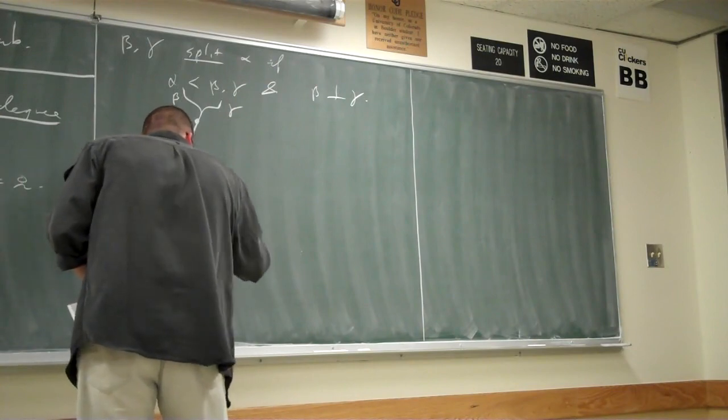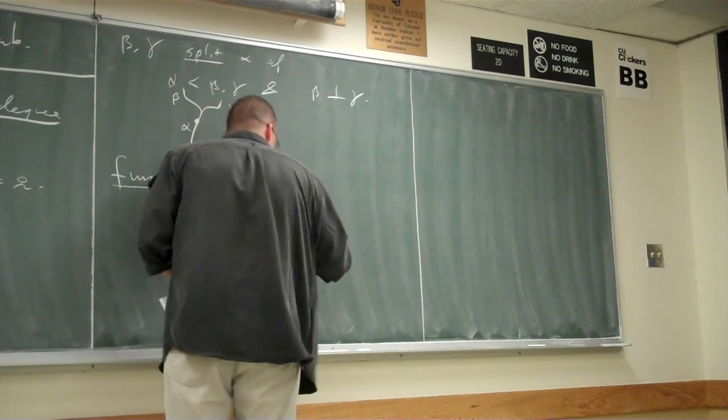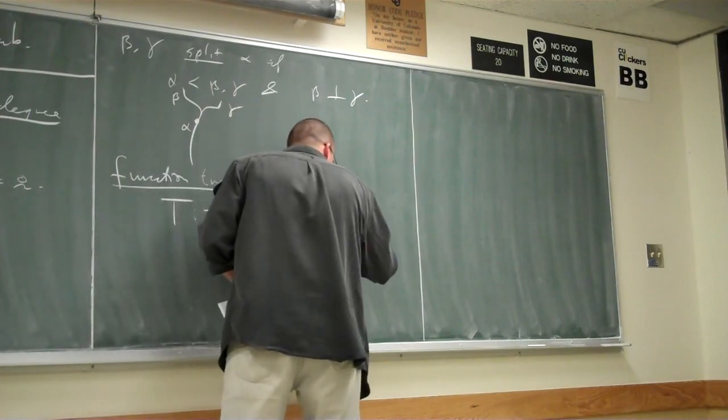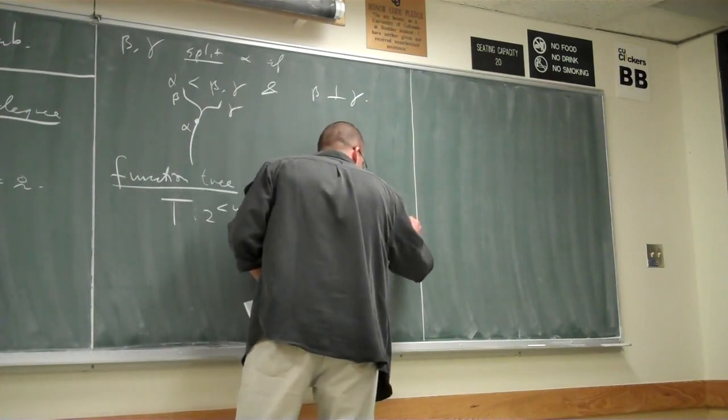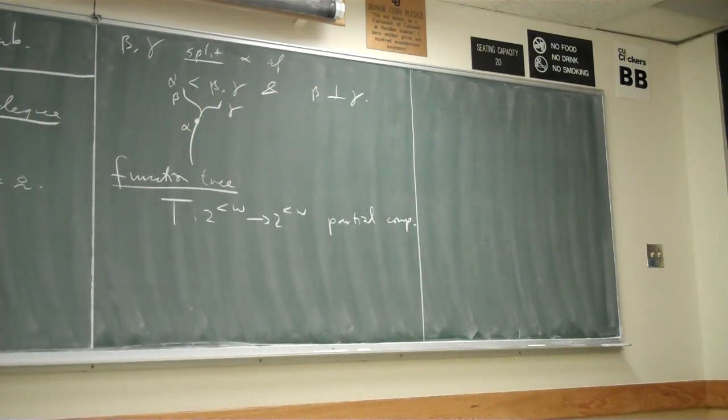It is a function from 2 to the less than omega to 2 to the less than omega, which is partial computable. The ones we care about, or the ones we'll use most, are in fact total computable. So the domain is a full binary tree, and to every node in this tree you associate another node.